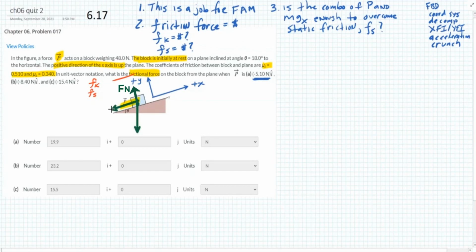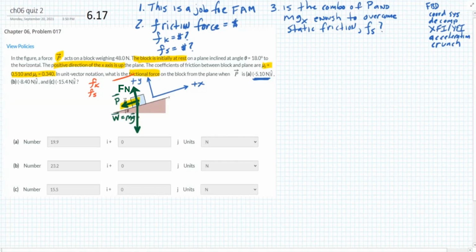This is my P force, my externally applied P force. I'll just overdraw that again, reinforce it. Weight is a vector.